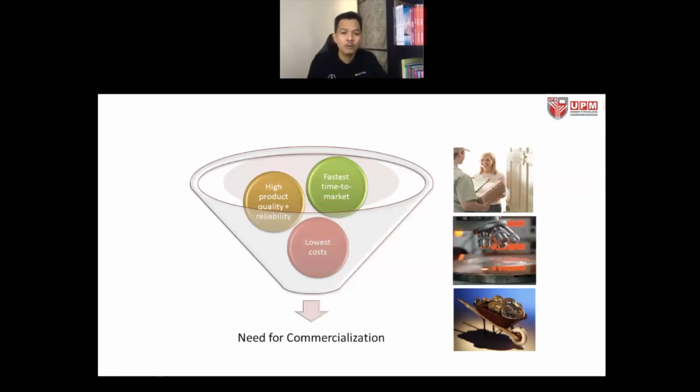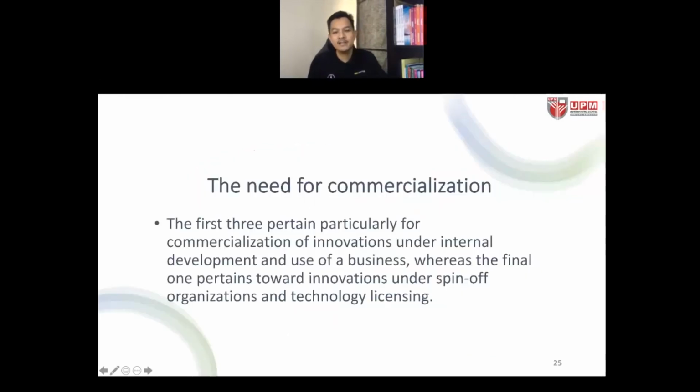And what are the options for lowest cost? Of course, the longer you wait, you have to bear more costs because you don't get any income. But sometimes if you go into the market too fast, your product will fail. All right, let us look at the explanation.